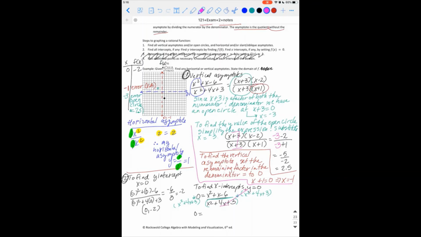And 1 times x squared plus x minus 6 is just x squared plus x minus 6. And this is factorable into x plus 3, x minus 2, like we did up at the top. And the last thing is that we set each factor equal to 0.